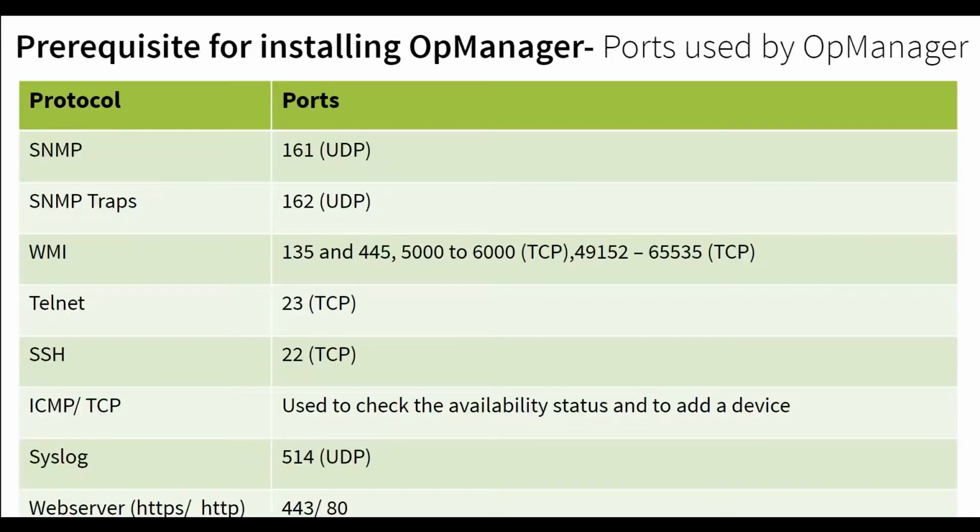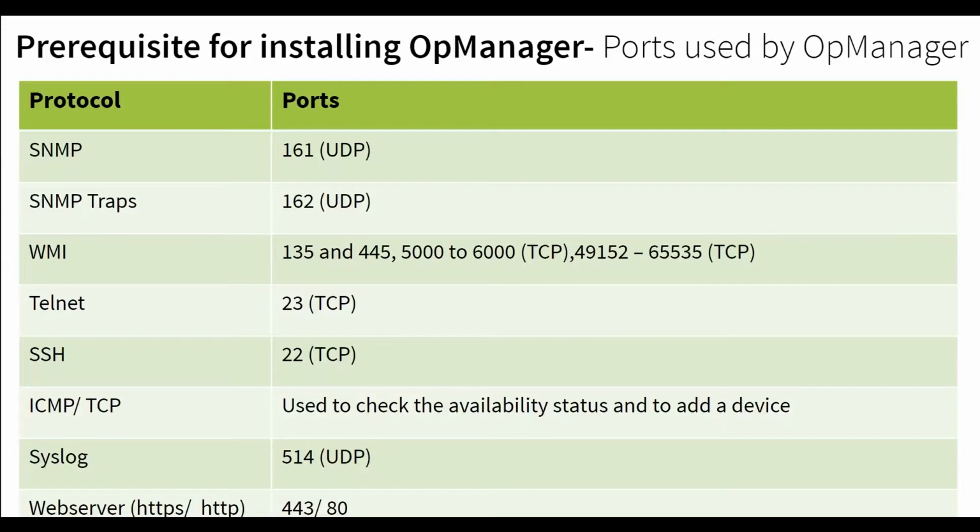Next, we'll see about the prerequisites for installing OpManager with ports which have to be opened on your firewall. So these are some of the mandatory ports which need to be opened. SNMP 161, SNMP traps on 162, and WMI uses 135 and 445, 5000 to 6000 dynamic ports, 49152 to 65535 bidirectional TCP ports.